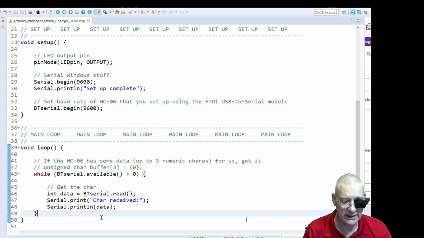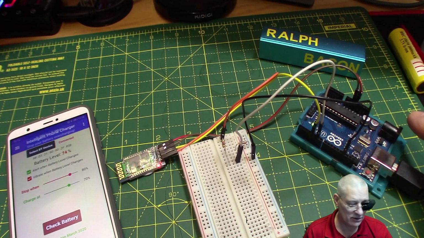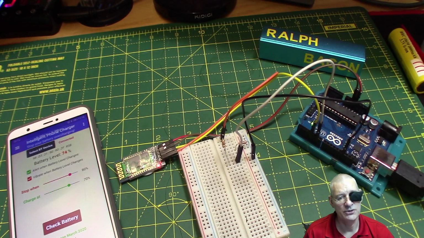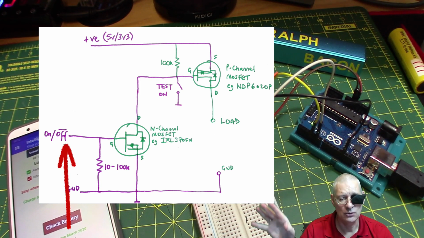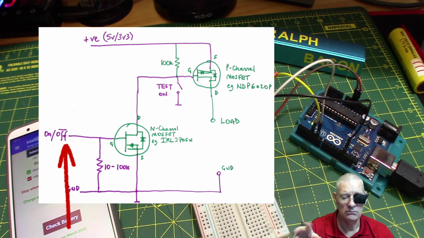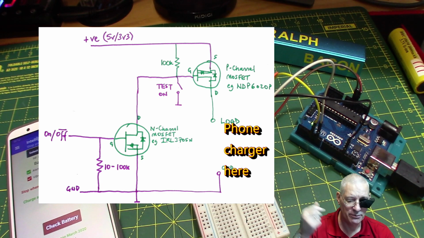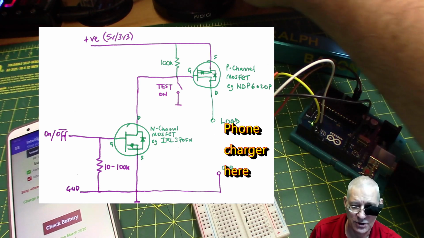So how's the Arduino going to turn the power on and off? Well, it's very, very simple. We're going to use a MOSFET, probably an SI4599, so that's a dual MOSFET. The Arduino switches the N-channel MOSFET on. We've covered all this in previous videos. The Arduino switches the N-channel MOSFET on, which then in turn switches on the P-channel MOSFET, which allows power to pass into this desktop charger that I was talking about.